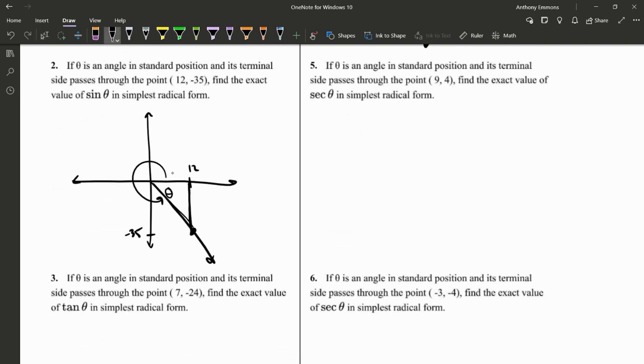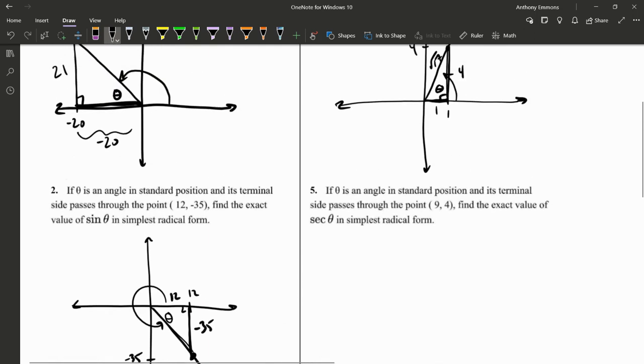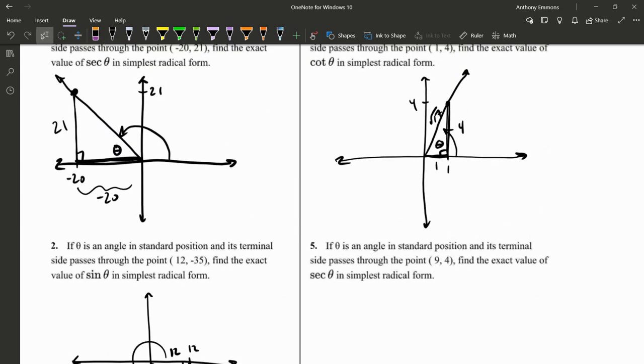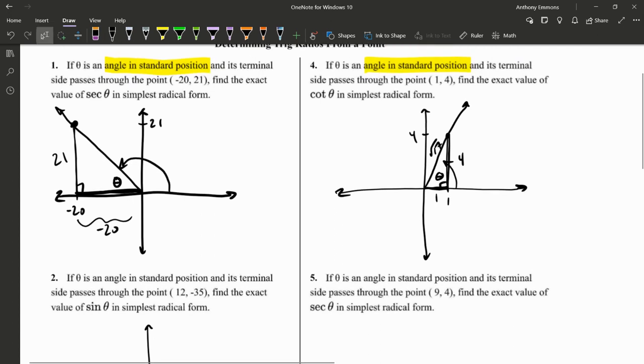This one, if this is 12 and this is -35, I've got to do 35 squared plus 12 squared. That's a little bit of a nightmare to do mentally and quickly in a video. But this one, we do know that this is the square root of 17. So I'll work with this problem for brevity's sake.